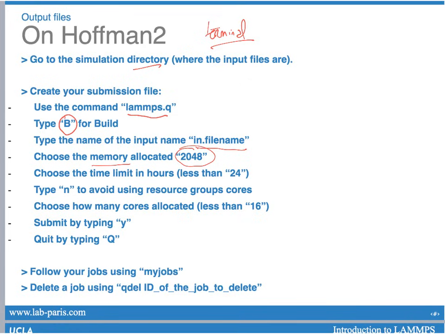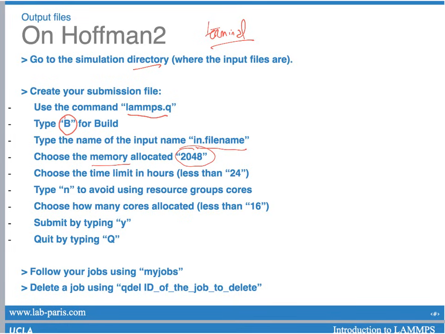So you always have to make sure that you request enough time for your simulation, because if you don't request enough time, then your simulation won't have enough time to finish and it will stop before it can finish because you reach the maximum amount of time. Usually it's always good to ask for as little time as possible, because the lower the amount of time that you ask, the higher will be your priority.